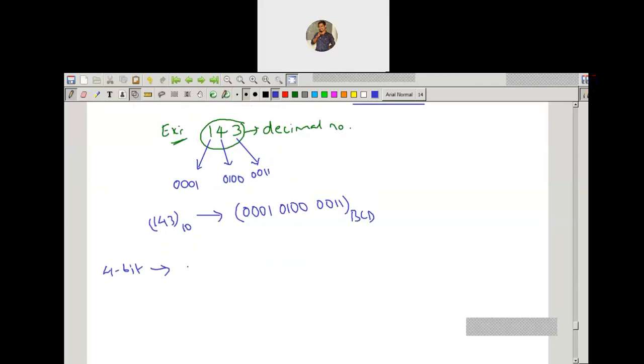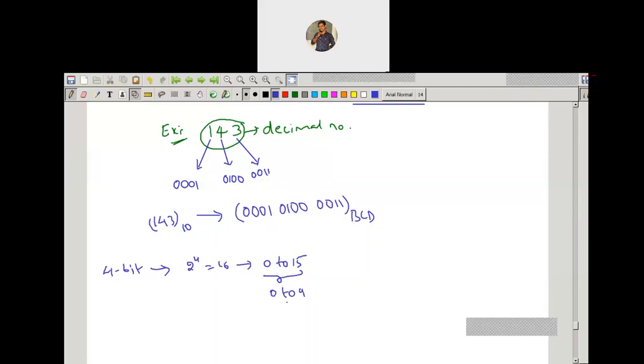We can have 2 power 4, that equals 16 possibilities, that is 0 to 15, like 0, 1, 2, 3, 4, 5, 6, up to 15. But among the 0 to 15, what are the single decimal digits? From this, we can represent only 0 to 9.